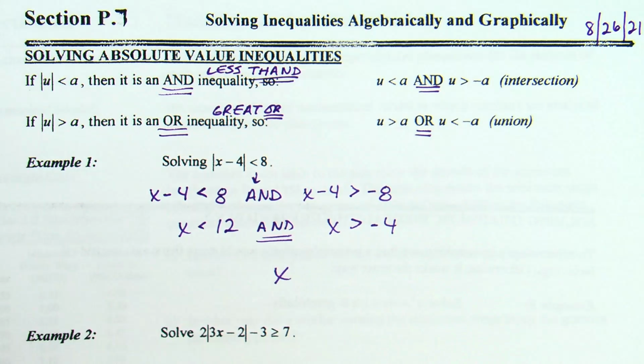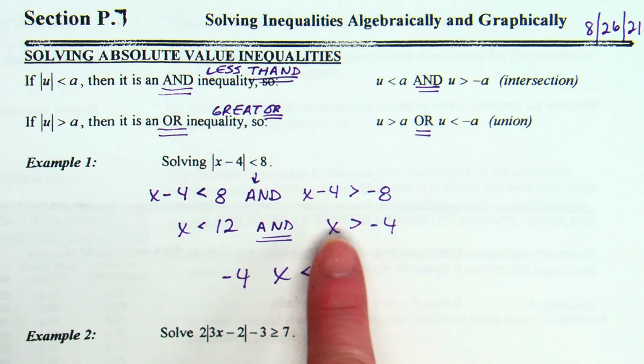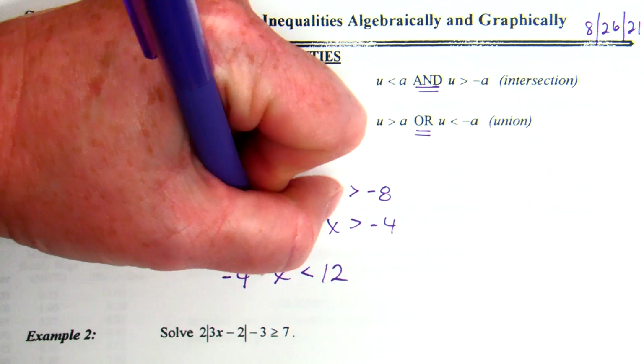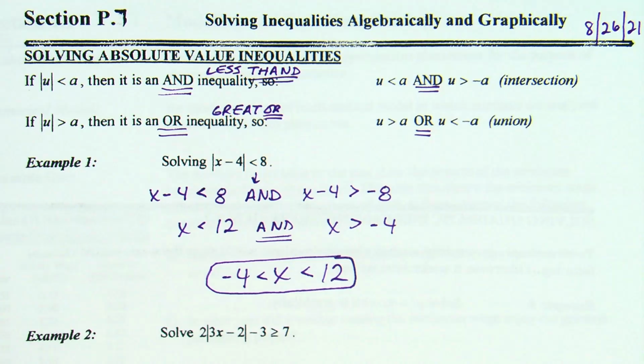Carry those signs down appropriately. It was x less than 12, so it's still x less than 12. It was x greater than -4, but they flipped, so now it's -4 less than x less than 12. If done correctly, it should always work out that they are both less than signs. If it doesn't, you might have made a mistake somewhere.